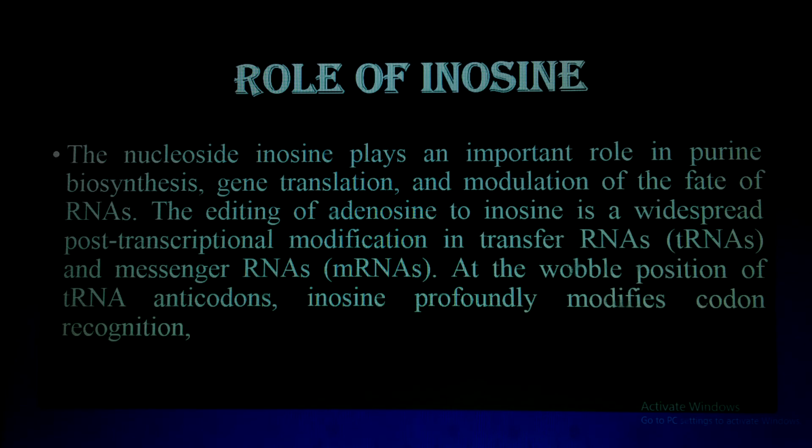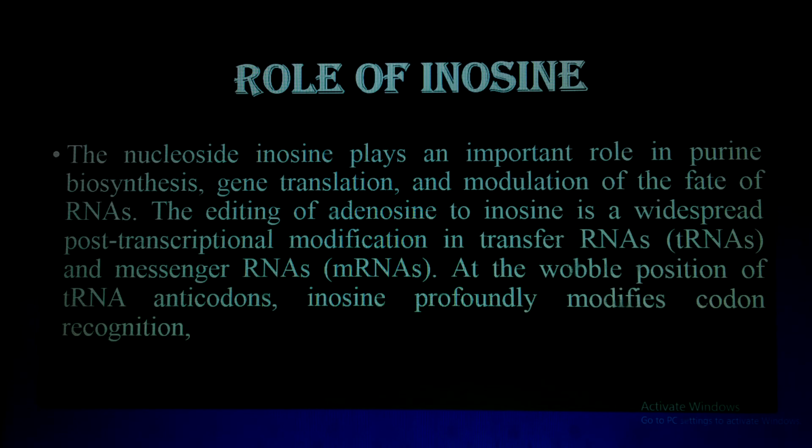Now, how is the inosine produced or how does editing of the transfer RNA occur? The editing of the transfer RNA with inosine occurs at the post-transcriptional stage. This modification is responsible for the editing of adenosine to inosine. Must keep it in your mind.